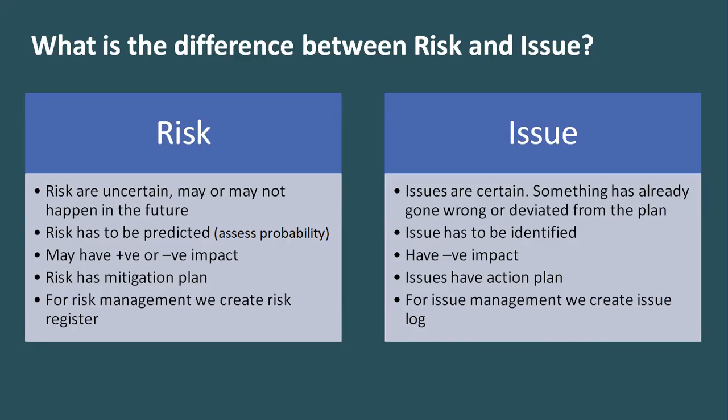Now, this is issue training, but let me give you an example of what could be a positive effect of a risk. Let's say we predicted that there will be a demand of 1,000 Volvo cars in a particular city, let's say Kansas City, in the month of January. But what happened? The demand increased to 2,000 cars.